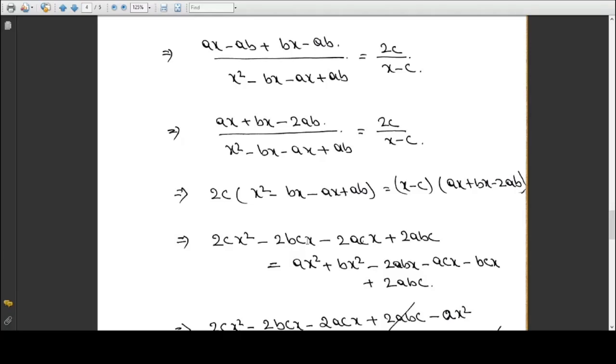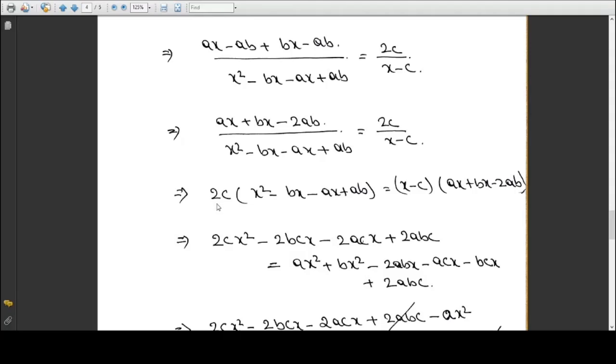You put these a, b, c according to the order. Then we have plus minus is minus 2c multiplied by ax, 2acx, isn't it? You just put it according to the order of a, b, c, d like that.